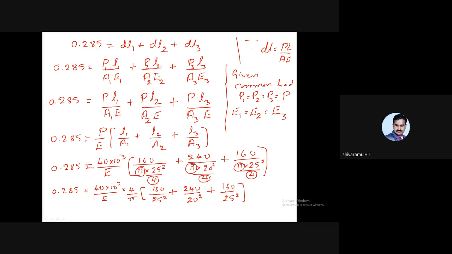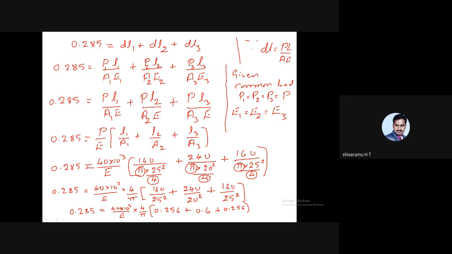If you simplify this, 0.285 is equal to 40 into 10 power 3 divided by E into 4 by pi times, 160 by 25 you will get 0.256, plus 0.6, plus 160 by 25 is 0.256.